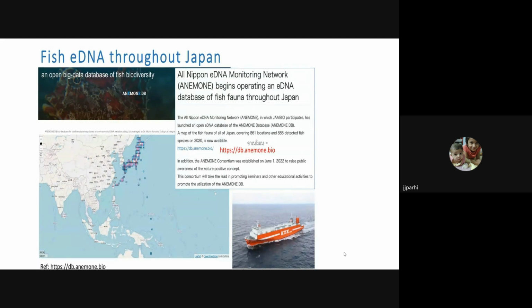From there, they are collecting the information and the species available, so that they will have a particular catalog of the fauna of the whole of Japan. So they can use it for their own use as well as for scientific use.